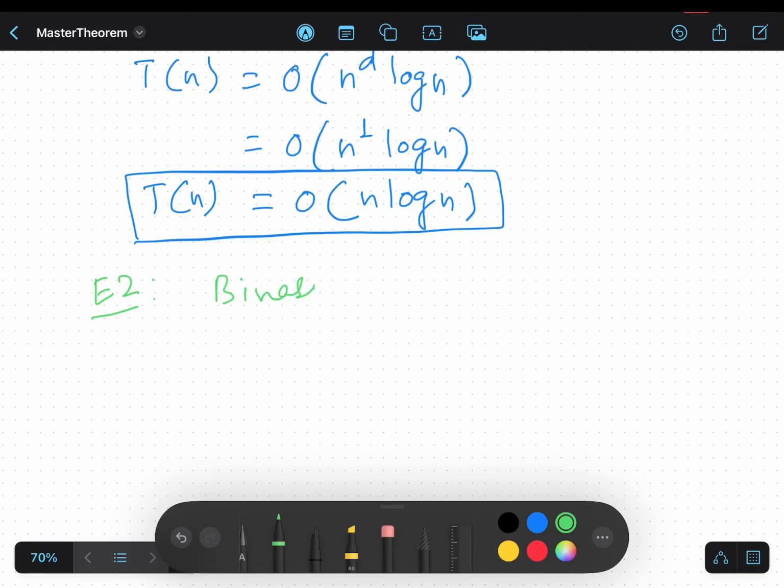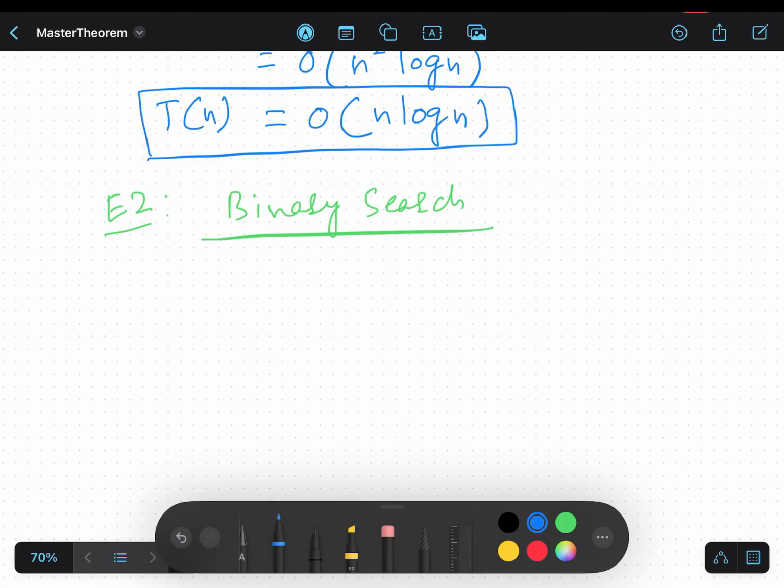Binary search. The recurrence for binary search looks like this, right? This means A is equal to 1, B is equal to 2, and D is equal to 0.